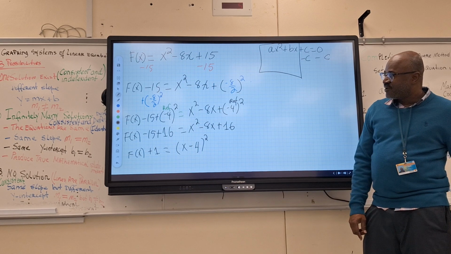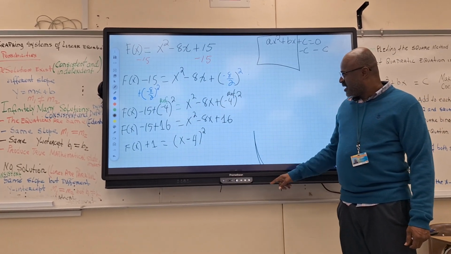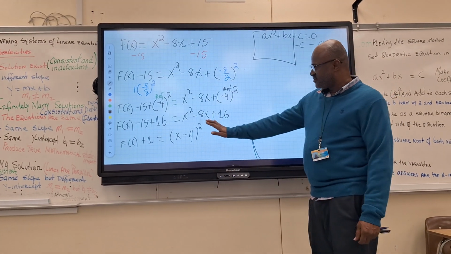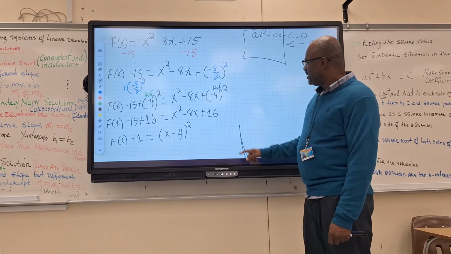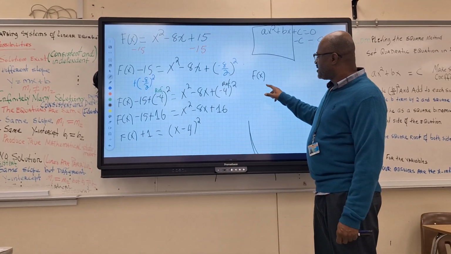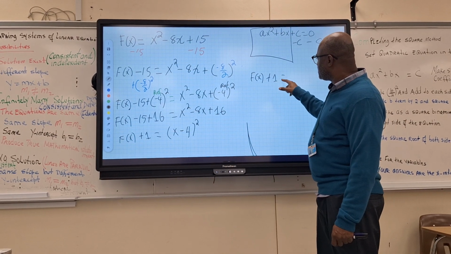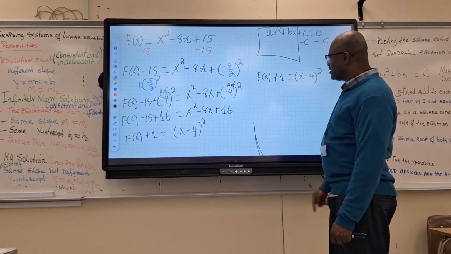So far, we're almost there. We almost put it in vertex form. So I'm going to write this again, so that this is going to kill 2 birds with one stone, right? I'm going to rewrite this same thing again. F of x plus 1 is equal to x minus 4 squared.